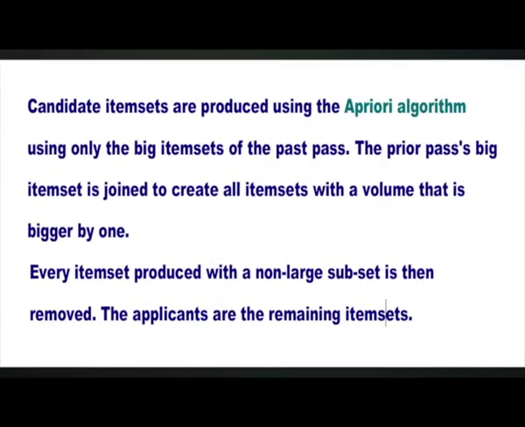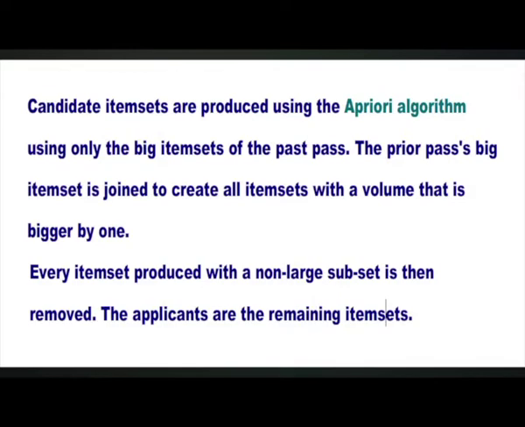Candidate item sets are produced using the Apriori algorithm using only the big item sets of the past pass. The prior pass's big item set is joined to create all item sets with a size bigger by 1. Every item set produced with a non-large subset is then removed.